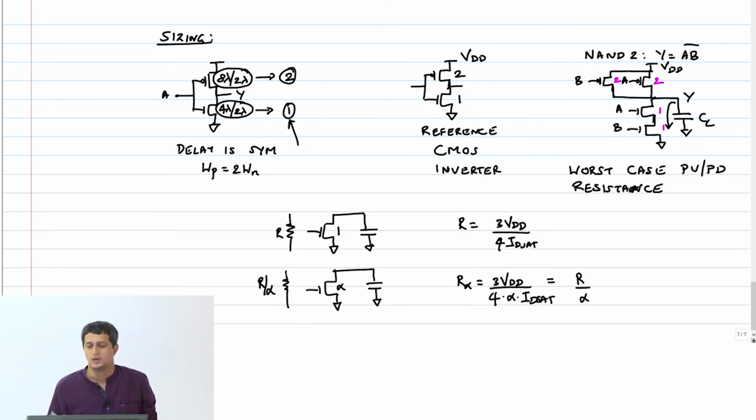So what do I have on this NAND gate where I have assigned a unit width to both NMOS transistors? What is the net pull down resistance? It is 2R, right?